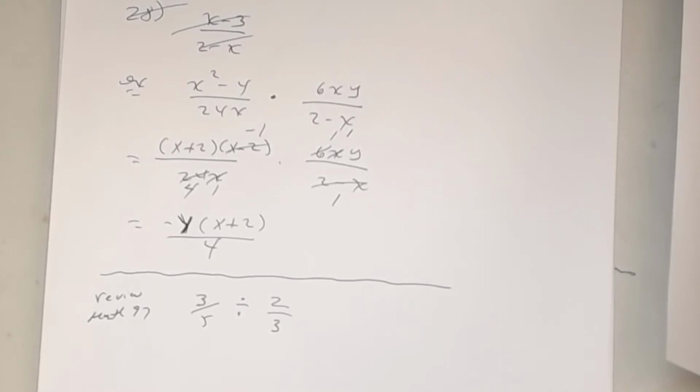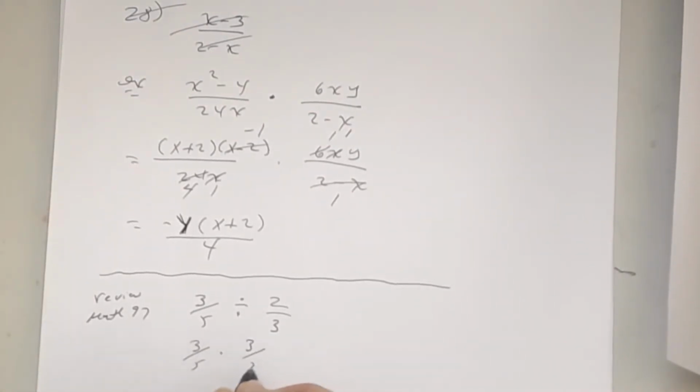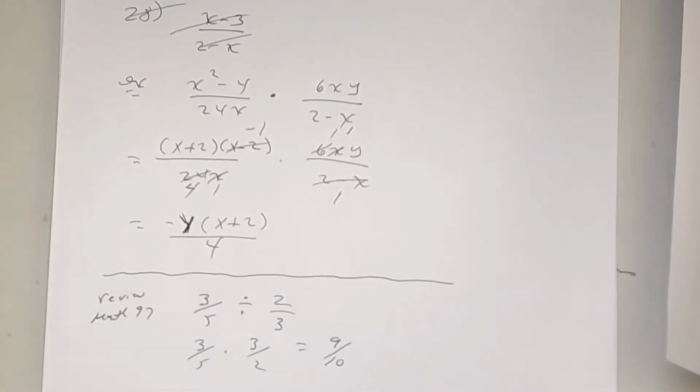You change it to what kind of problem? Multiplication. So you said 3/5 times what? 3/2, and then you would reduce and then multiply. You cannot reduce, so the answer would be 9/10. Now, knowing that when you have a division, you're going to change it to multiplication, let's look at this now.